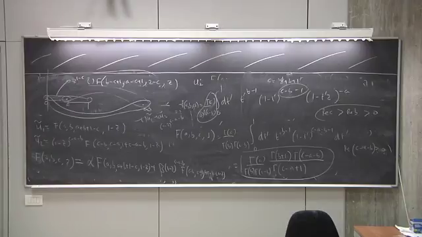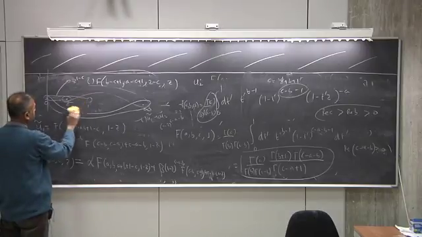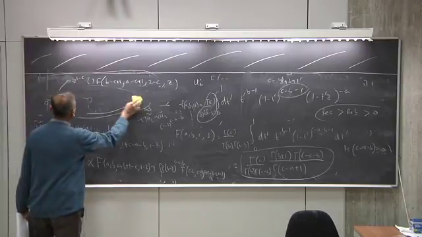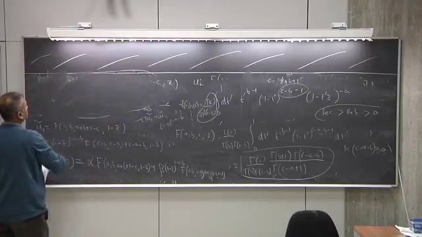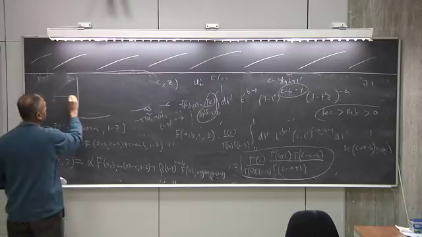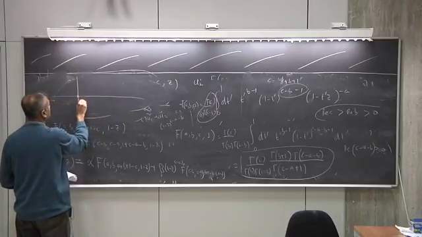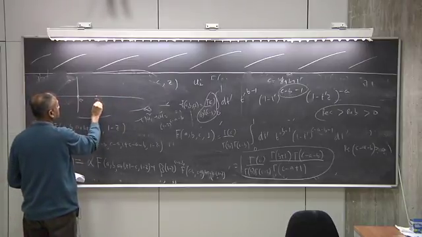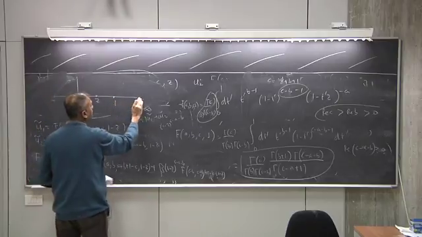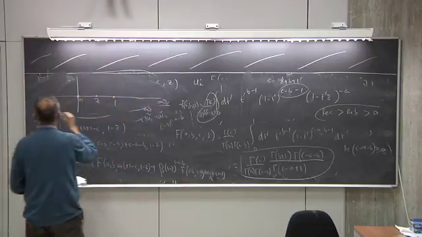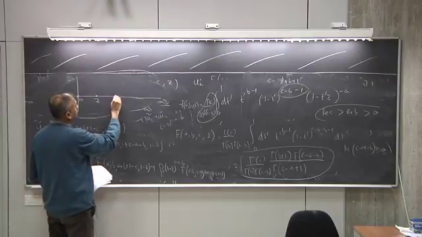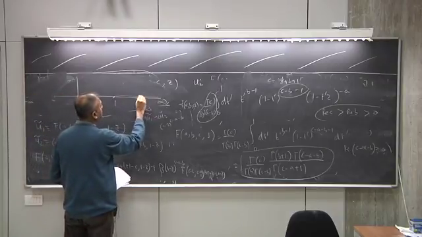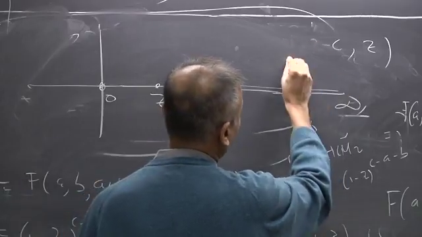Another way to do it is simply by deformation of the contour. For example, if I look at this picture with 0, z, 1, and infinity, and also minus infinity, then this contour integral gives you something proportional to u1.